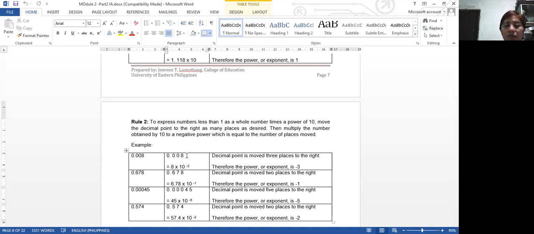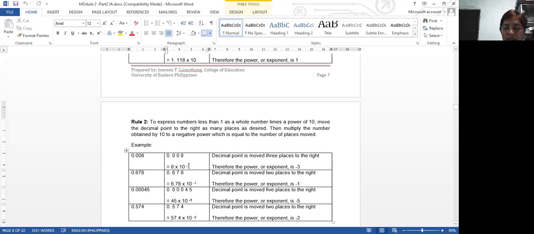So instead of saying 0.008, we just have to write the whole number 8. But the original number will now be reflected in its power. Since it's 8, let's move the decimal point to the right. So 1, 2, 3.